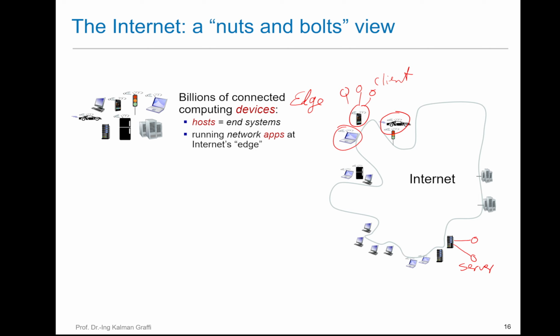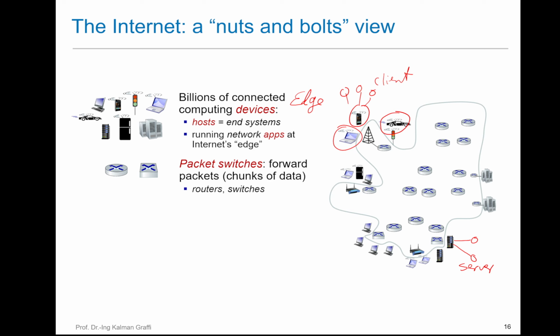It might be a web browser as a client and a web server as a server. This is the edge of the network: the hosts running the apps, generating the requests and the traffic, asking for data and providing the data.